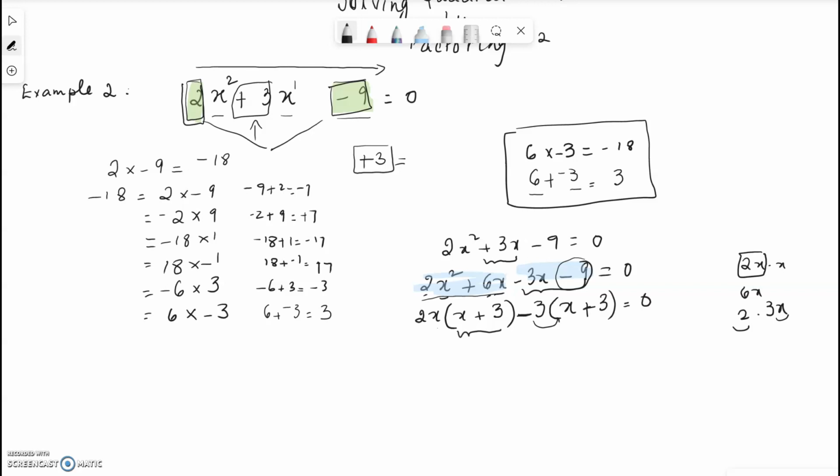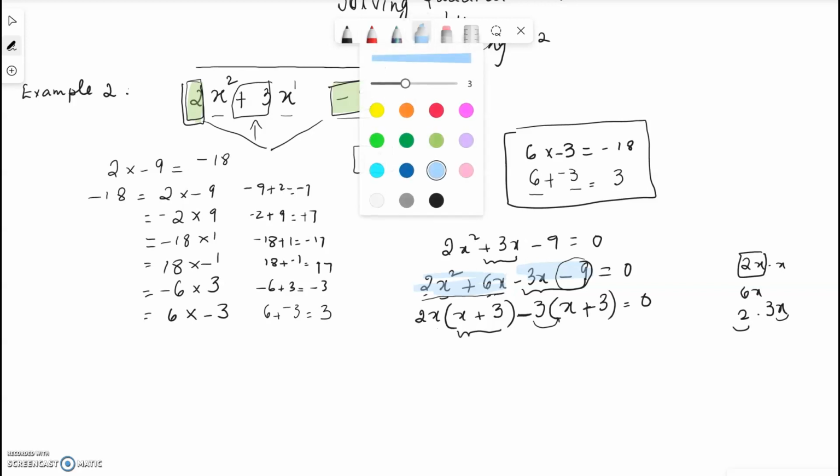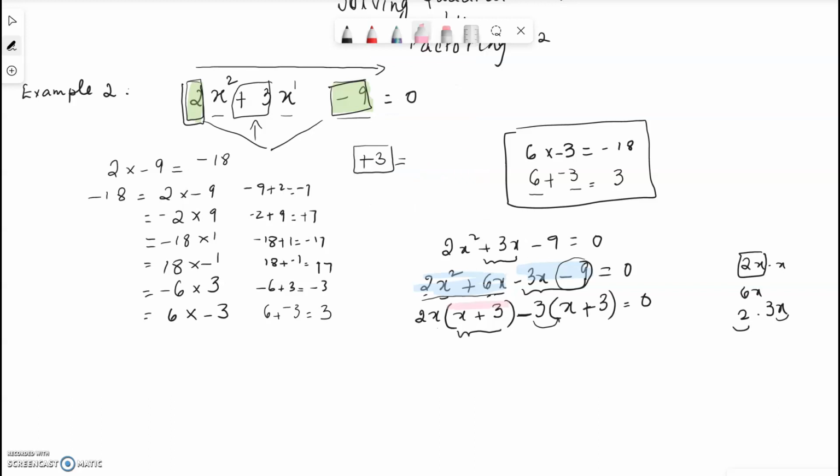Now notice that the common factor between these two terms now is x plus 3. So we factor out the x plus 3 and we are left with 2x in the first term minus 3 in the second, and that's equal to 0.